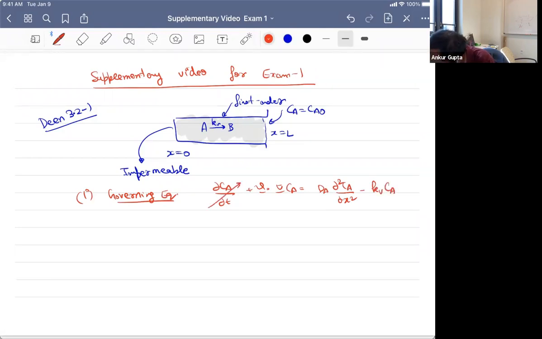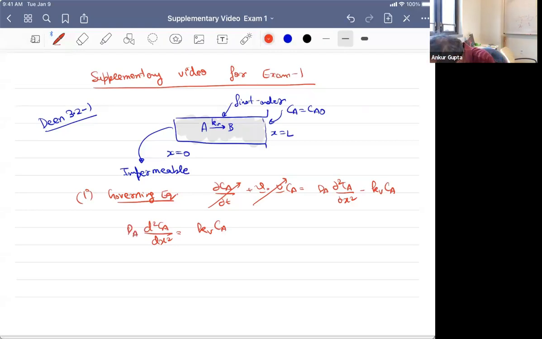We'll say steady, so this goes away. Velocity is 0, stationary liquid, so this goes away. So we get the equation DA d square CA by dx square is equal to kV CA. Okay, so this is a straightforward equation that we get.